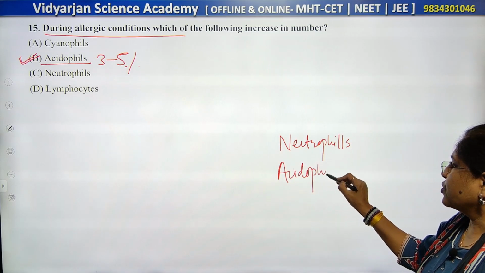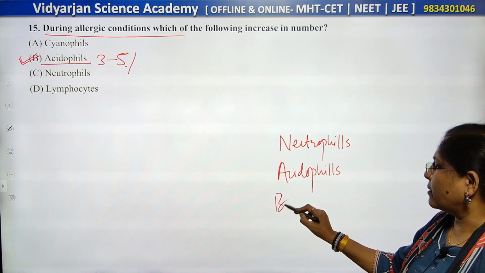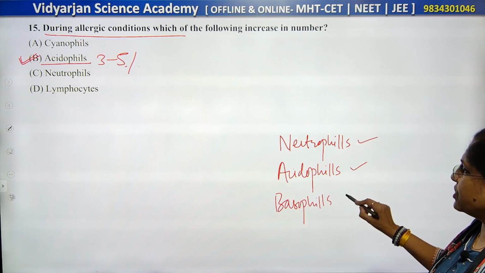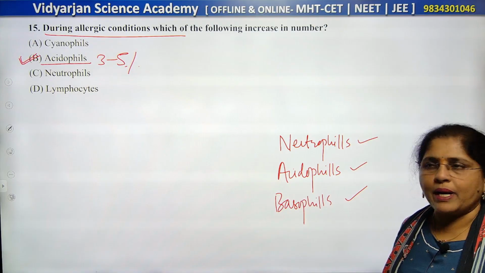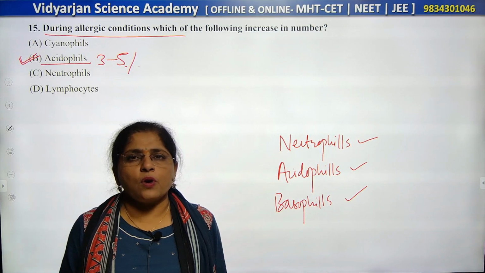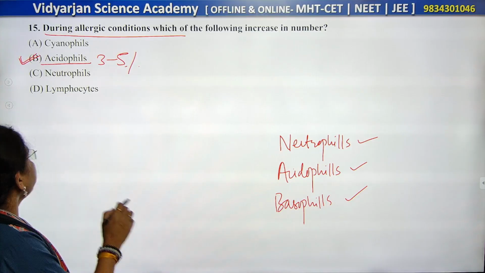You should know all the charts here very perfectly. Then you have basophils, right? So you should know all their percentage, their size, their shape and everything. So students, please focus on the chart of granulocytes and agranulocytes.